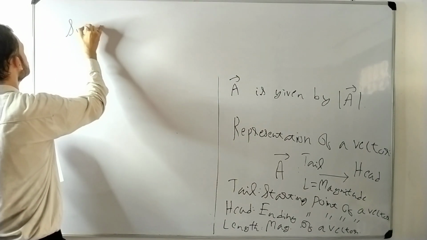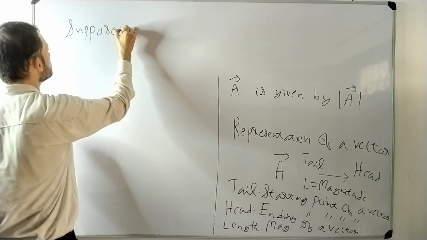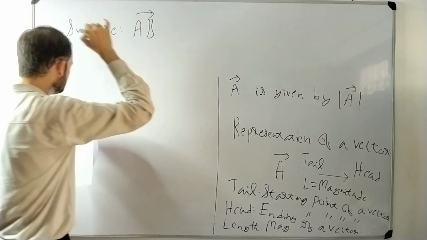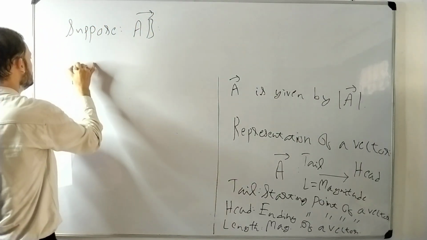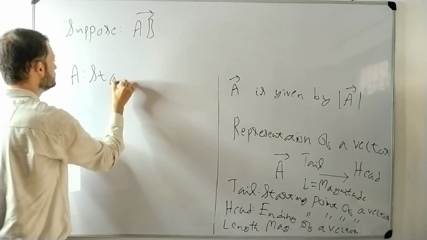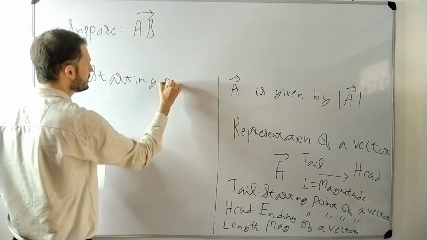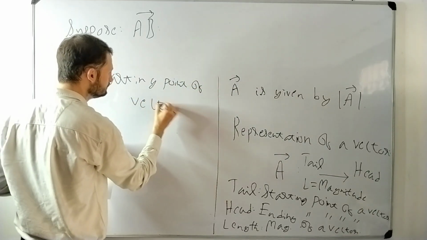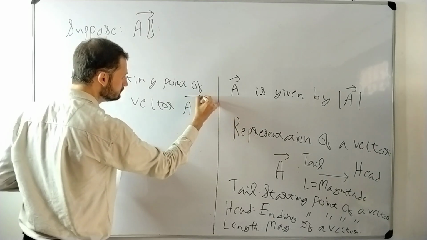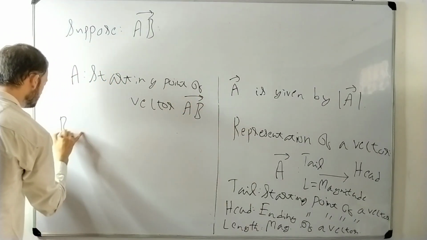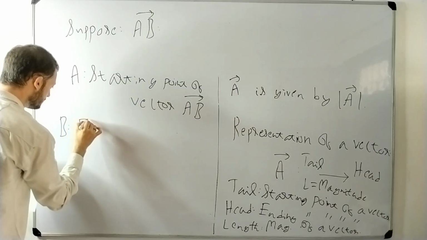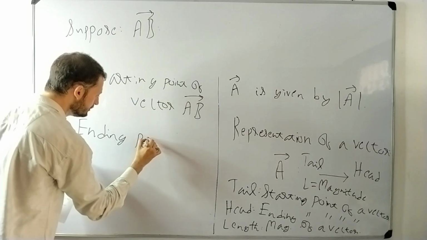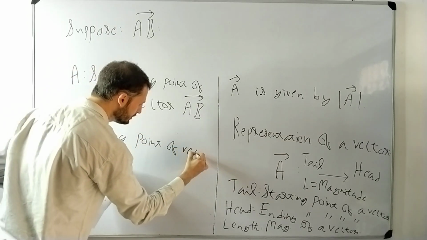Suppose AB is a vector given. What is the meaning of this vector? A is the starting point of vector AB. And B is what, students? Yes, the ending point. Very nice, students: the ending point of vector AB.